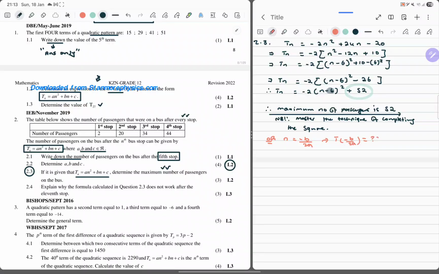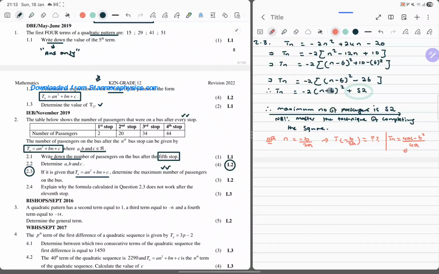It should be the same. Or, even better, there's a formula that goes straight. We know that T sub n here is going to be 4ac minus b squared over 4a.